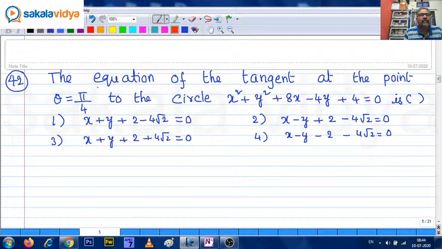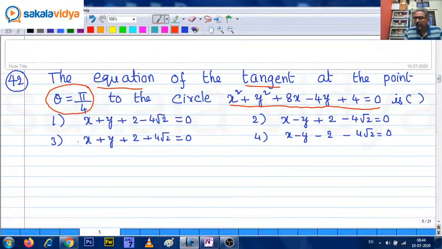That means the equation of the tangent at the point theta is equal to pi by 4 to the circle x square plus y square plus 8x minus 4y minus 4 is equal to 0. So first let us find out the points.